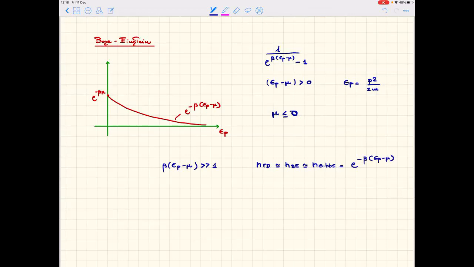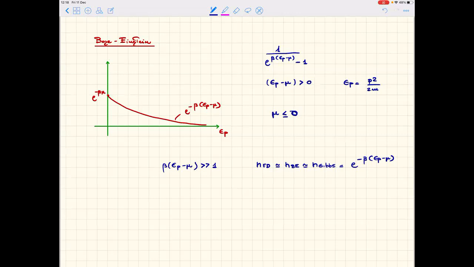So at energies that are well above the chemical potential, on a scale set by the temperature, all the differences between these three distributions are practically irrelevant.